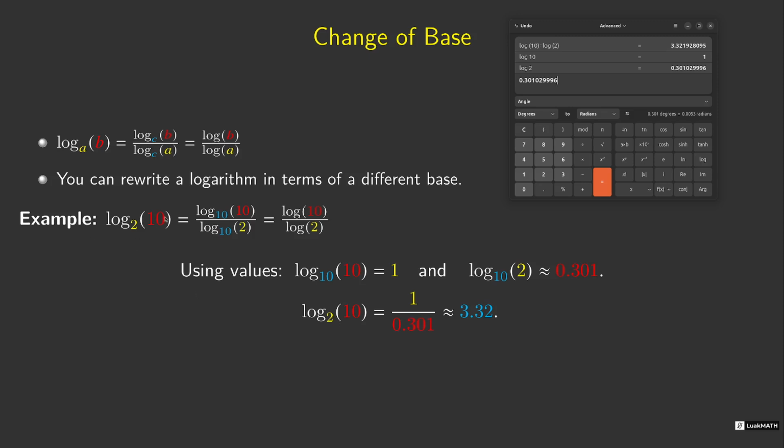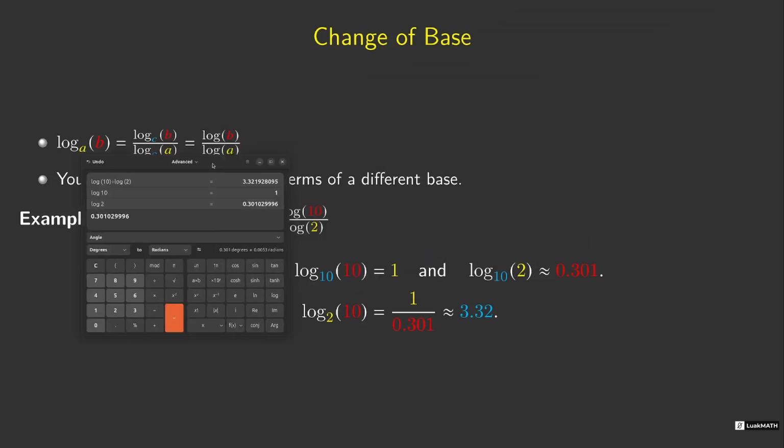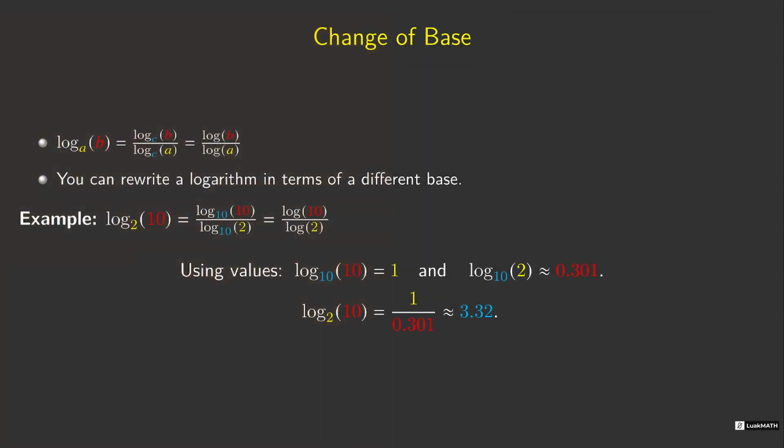Because remember, this is the goal: log of 2 to base 10. You ask the question, what is the exponent? Anyway, that's how you deal with that. I'll leave it there. I don't want to confuse you more.